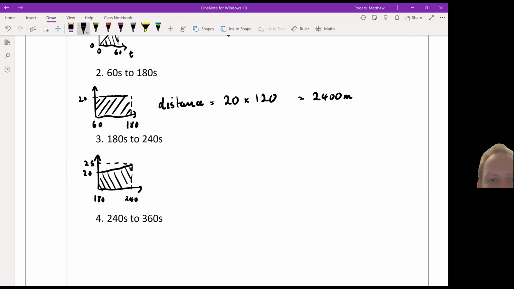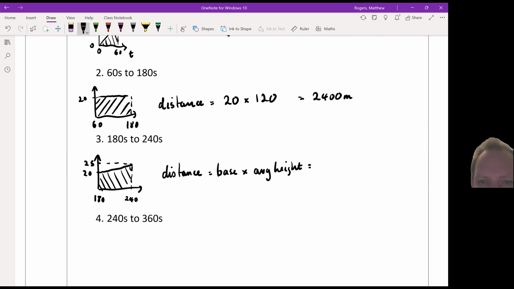The way I remember the area of the trapezium is to say I'm going to do the base times the average height. So the shaded area, or the distance, should be equal to base width times the average height.